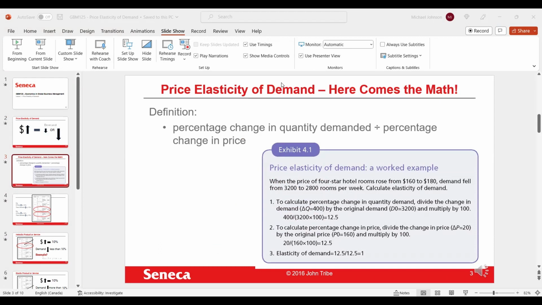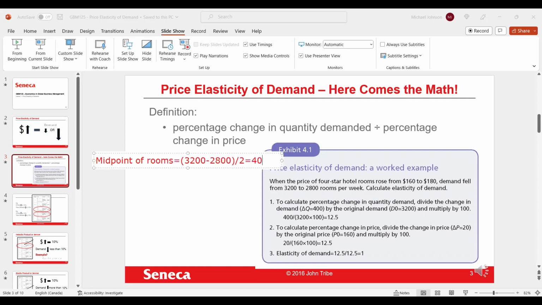So you could do this using the midpoint method. This is one way of calculating it, but I recommend the other way, where we find the midpoint of rooms. So we do 3,200 minus 2,800, and then we divide that by 2.